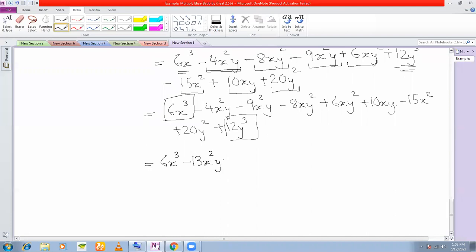Minus 8 plus 6 is minus 2xy square. This 10xy right as it is. This 15x square right as it is. 20y square right as it is, and 12y cube right as it is. And that is your answer, right? So I hope there are no questions on this.